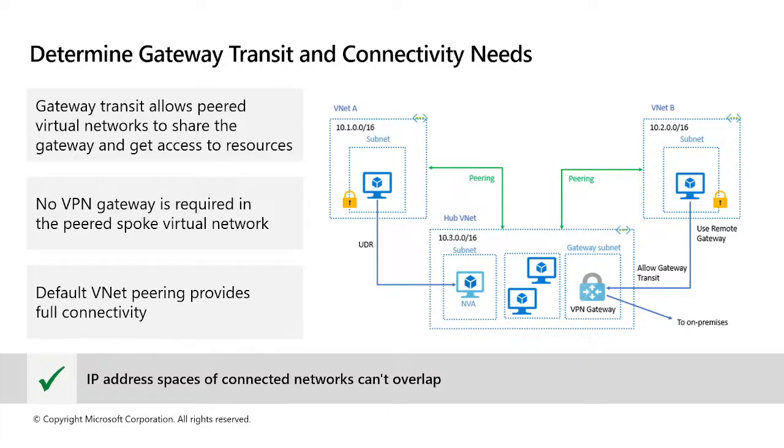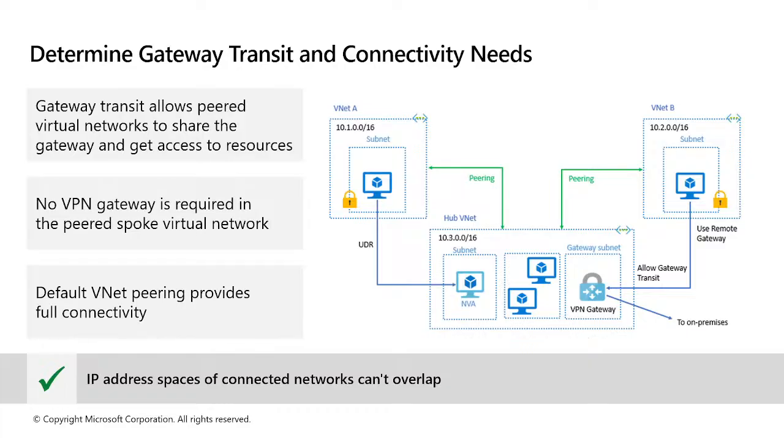Now, you need what we call a gateway transit, and what this does, number one, it allows peer network to share gateway to get access to resources, and that's what's happening. So when you create a peer network, what they are going to be able to do is to communicate. So we have this gateway between them that allows that communication.